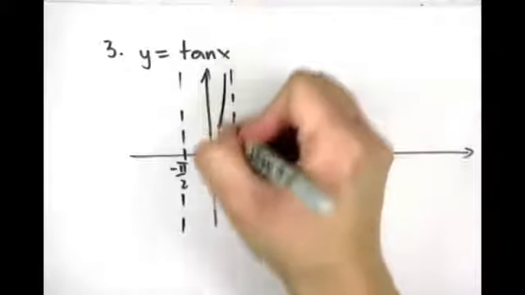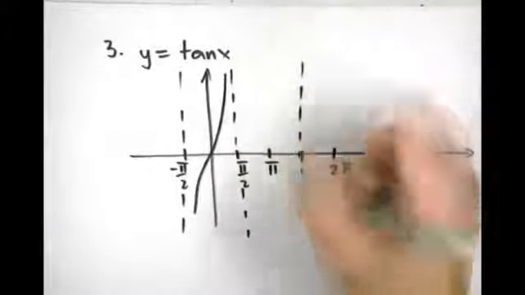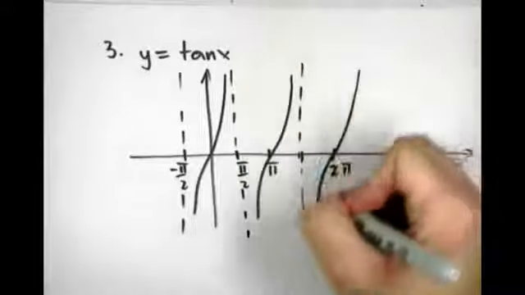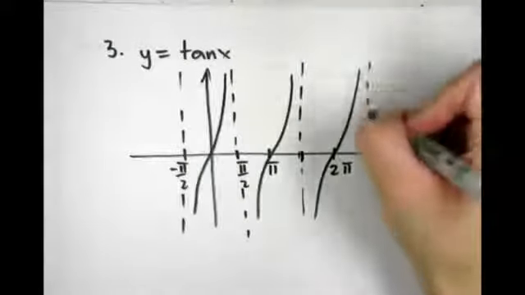And it's an increasing graph. So in halves we have an asymptote, and the graph is increasing. That's the graph of the tangent function. And of course in half we have the other asymptote.